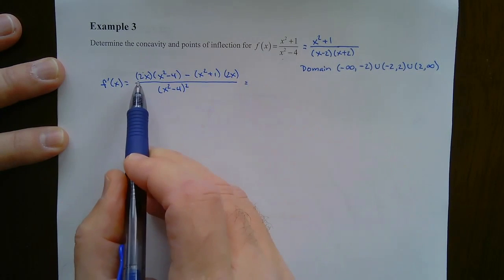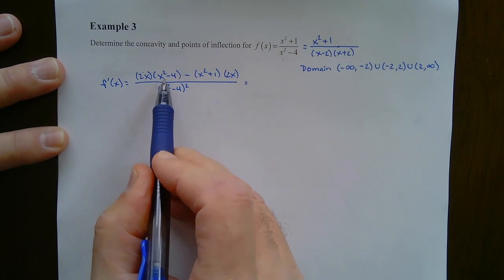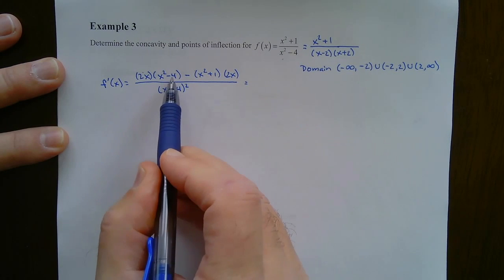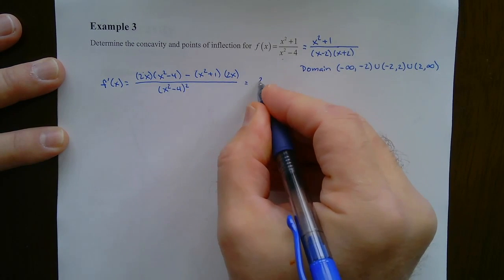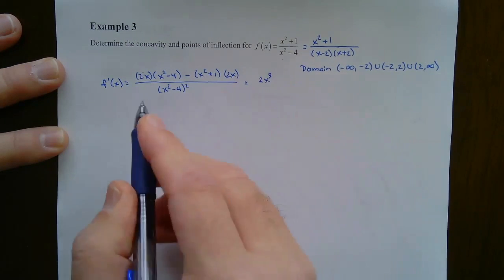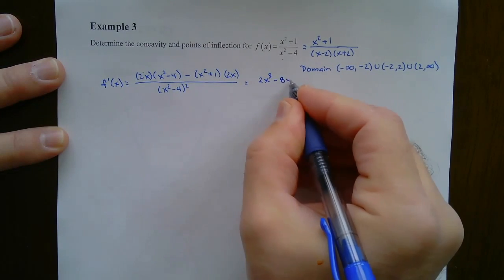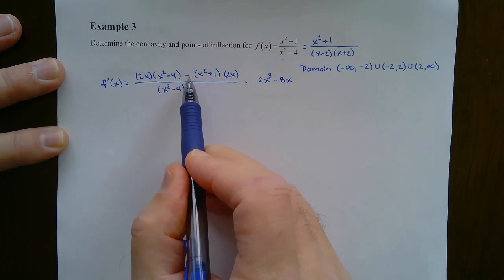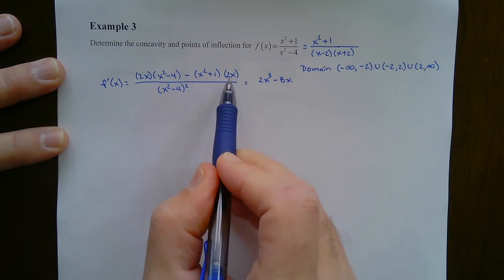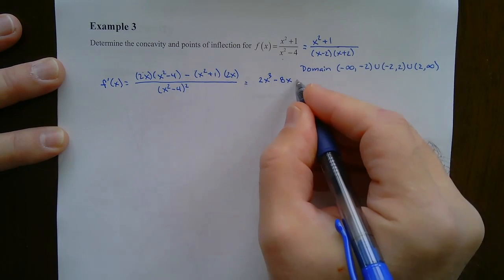Okay, so right here, our numerator becomes 2x cubed minus 8x. And then here we're going to distribute a negative 2x. So that makes negative 2x cubed.